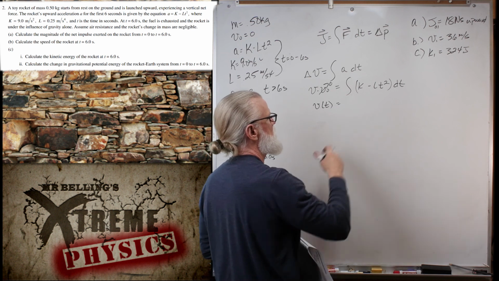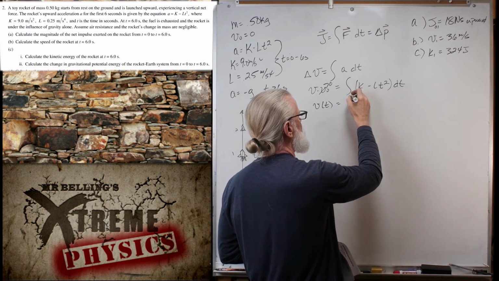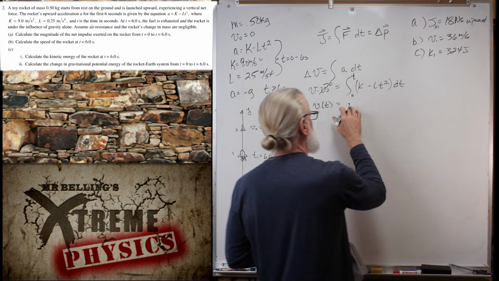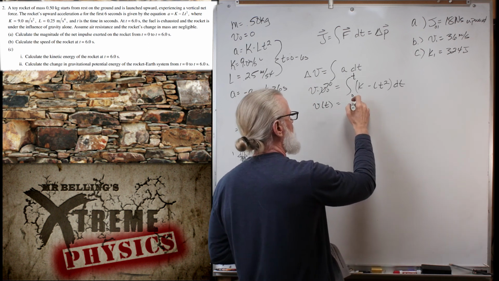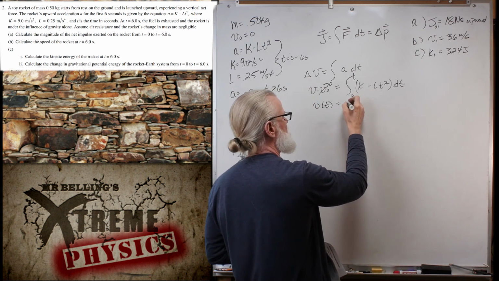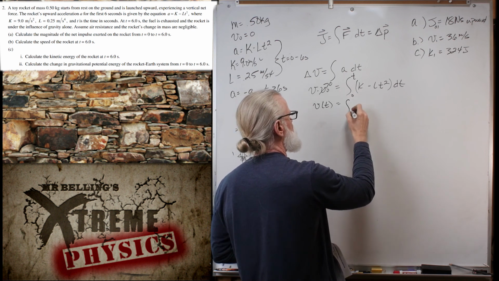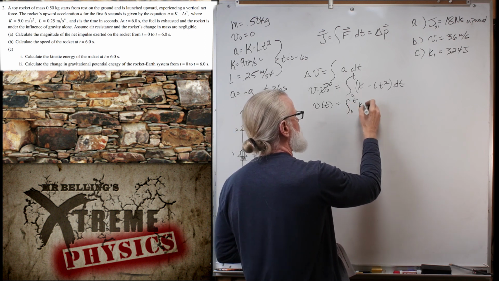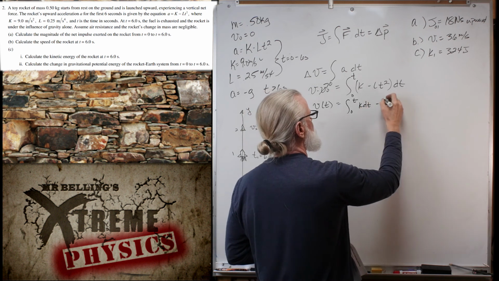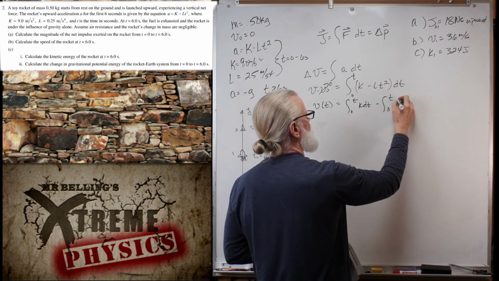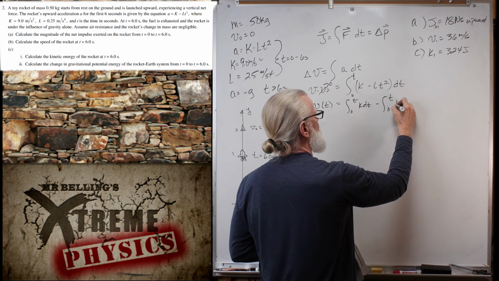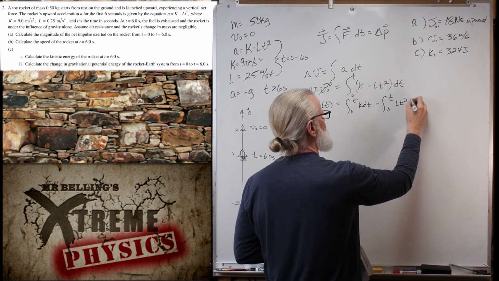But anyways, we're just going to go from 0 to t. So let's come up with our function from 0 to t. I'm going to break this integral into two pieces: the integral from 0 to t of k dt, minus the integral from 0 to t of lt squared dt.